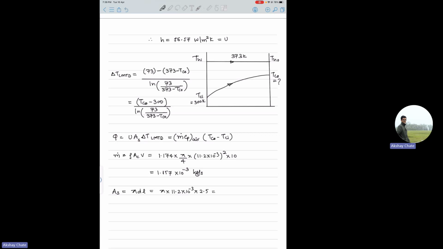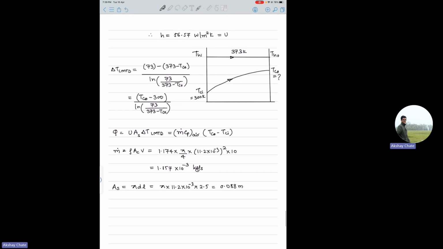So if you multiply these things, you should get 0.087 or 0.088 meters square.